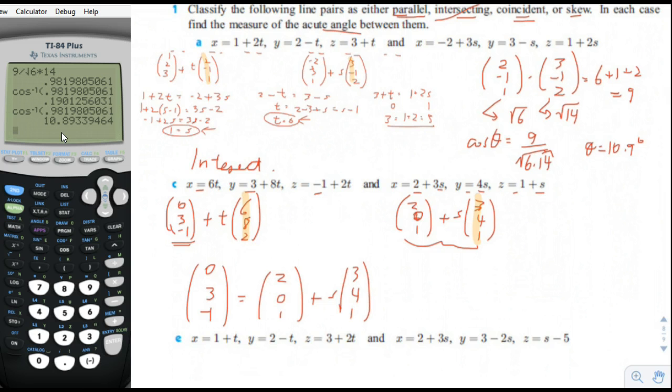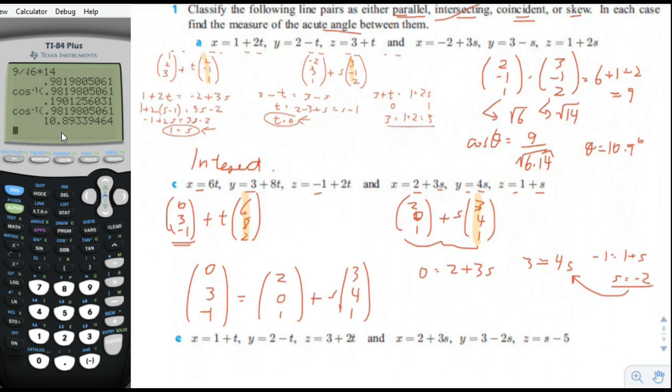So basically that would be 0 equals 2 plus 3s, and 3 equals 4s, and -1 equals 1 plus s. So that says that s equals -2, and if we put s equals -2 in there, it doesn't work. 3 equals 4 times -2, that doesn't work. So there is no solution.